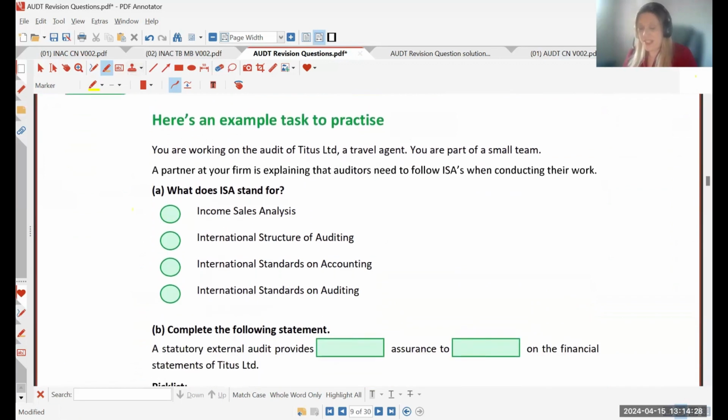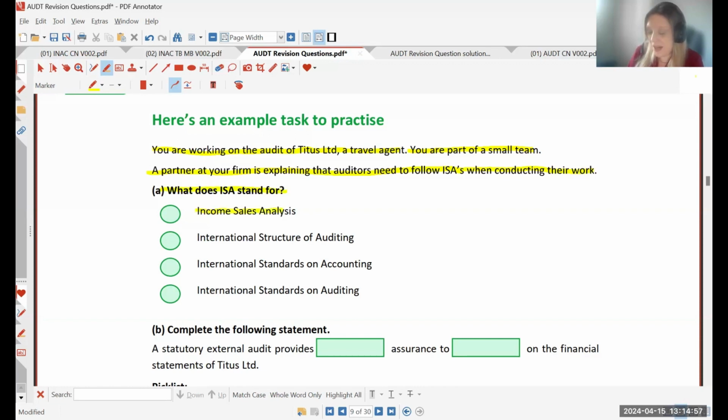Okay. So this is an example of task 1. This is kind of what we expect your task 1 to look like. So you're working on the audit of Titus Limited, a travel agent. You are part of a small team. A partner of your firm is explaining that auditors need to follow ISAs when conducting their work. And the question asks, what does ISA stand for?